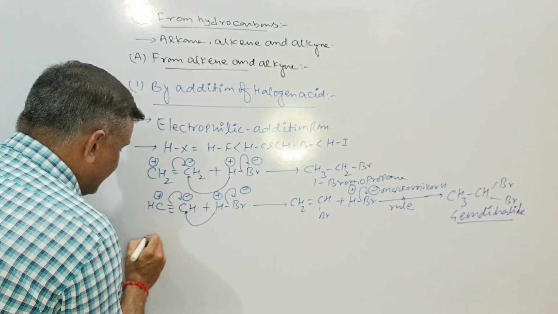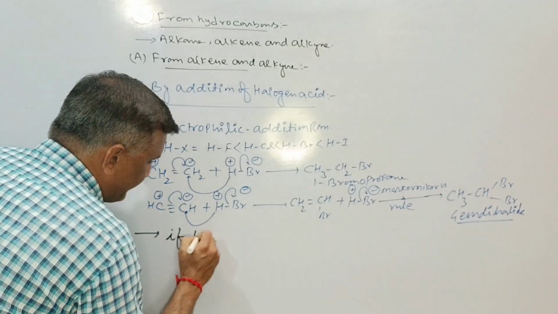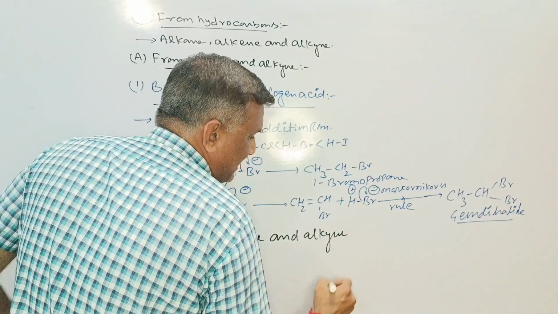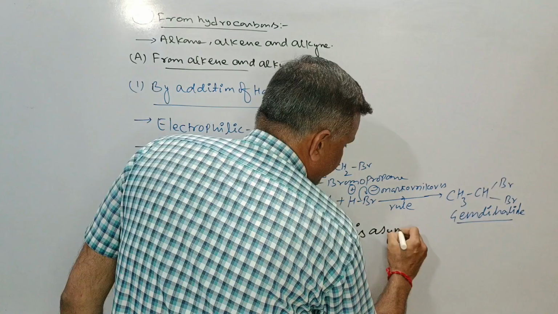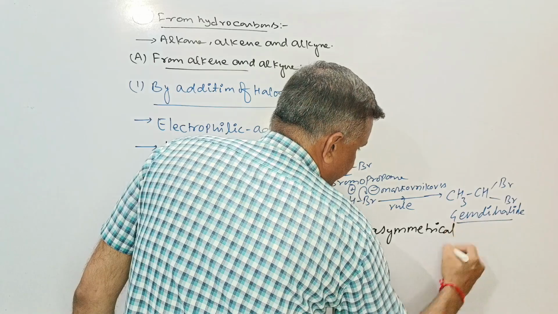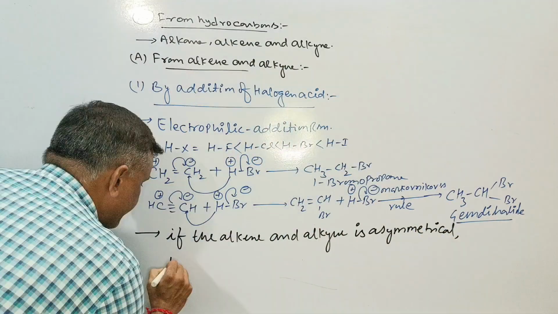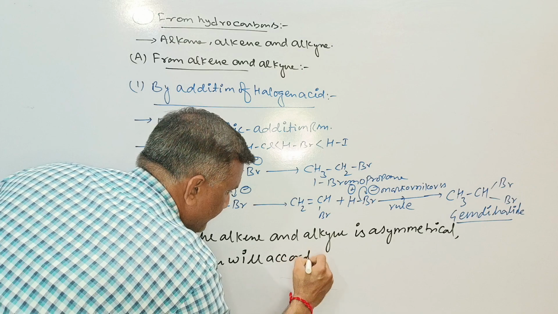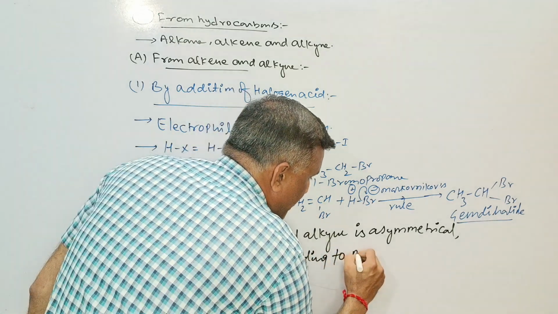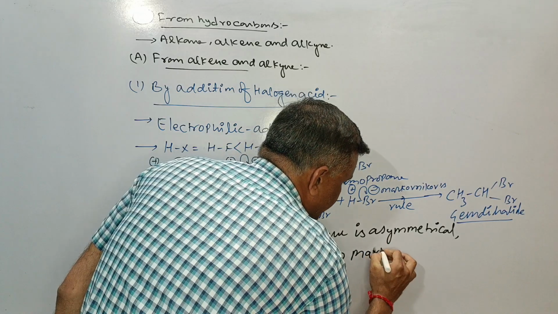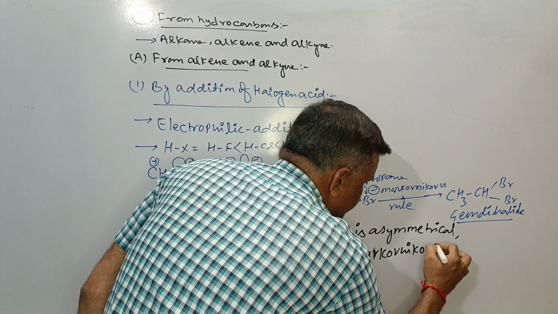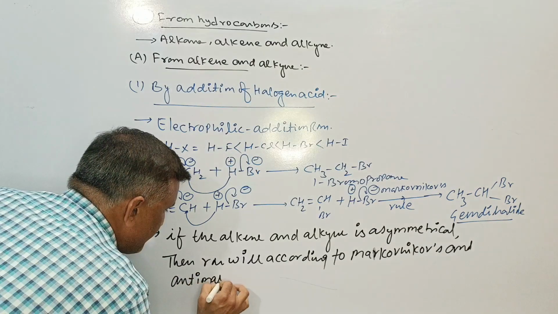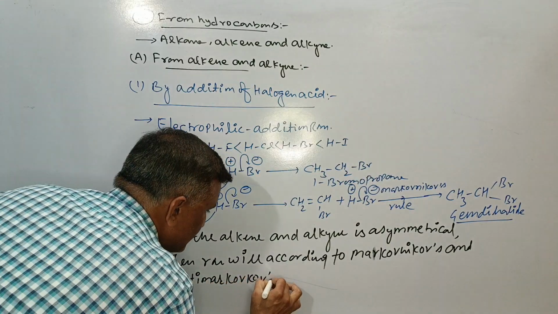If the alkene and alkyne are asymmetrical, or unsymmetrical, then the reaction will go according to Markovnikov rule and anti-Markovnikov rule.